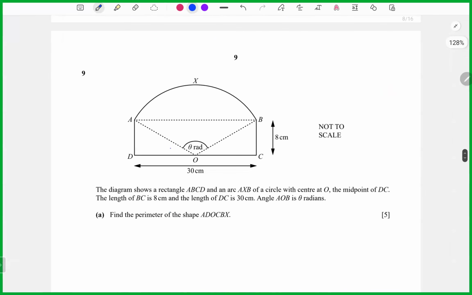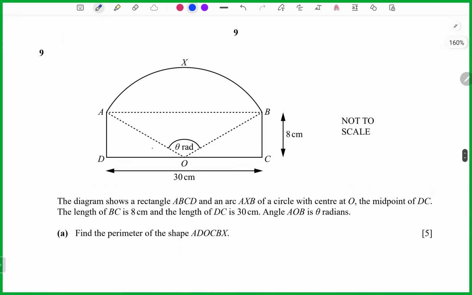Okay, let's see question 9. Question 9 is a circular measures question. The diagram shows a rectangle ABCD and an arc AXB of a circle with center at O, the midpoint of BC.